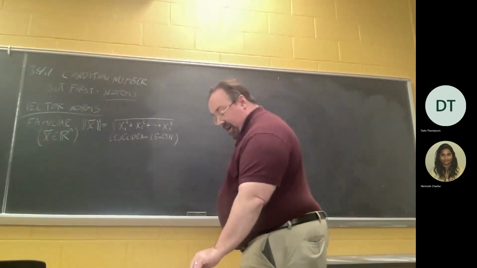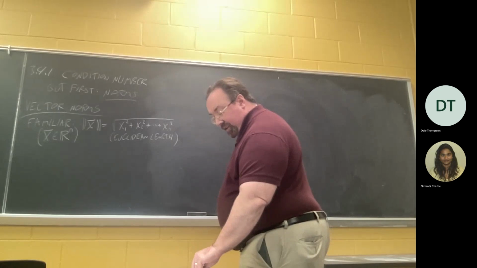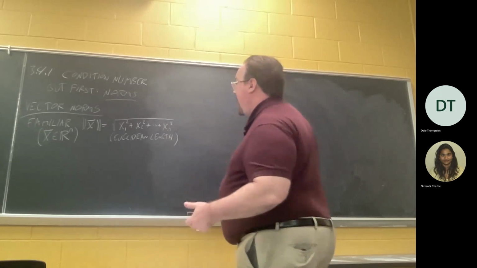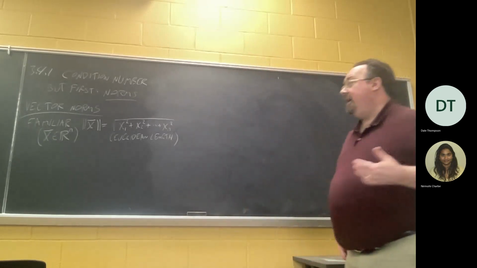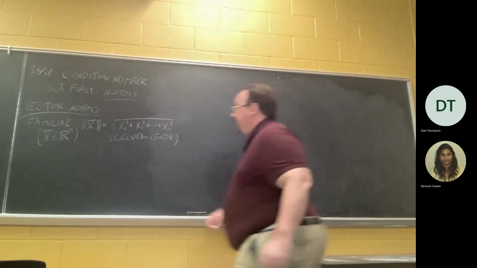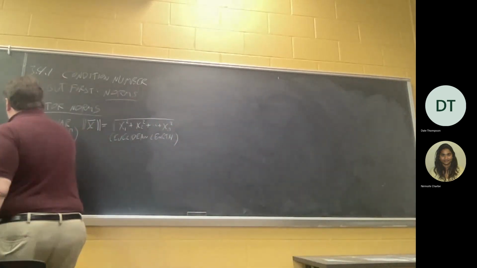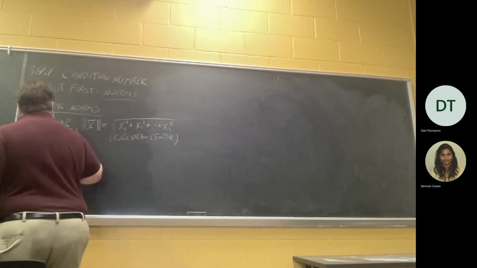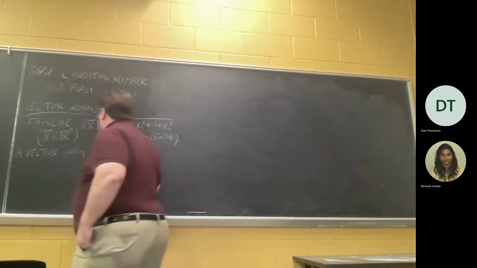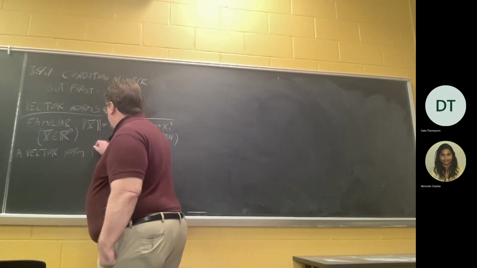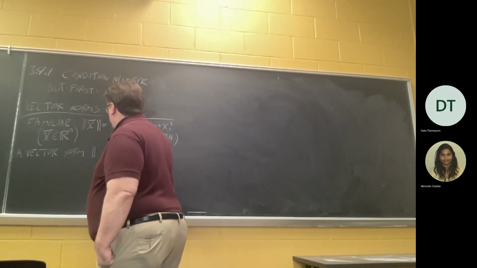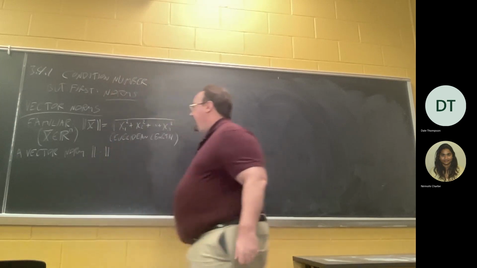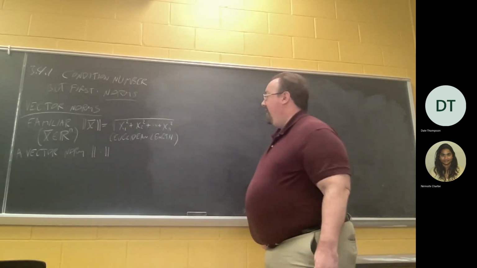Now, first I'm going to focus on what properties any vector norm has to have. A vector norm is described by enclosing a vector in a set of double bars.